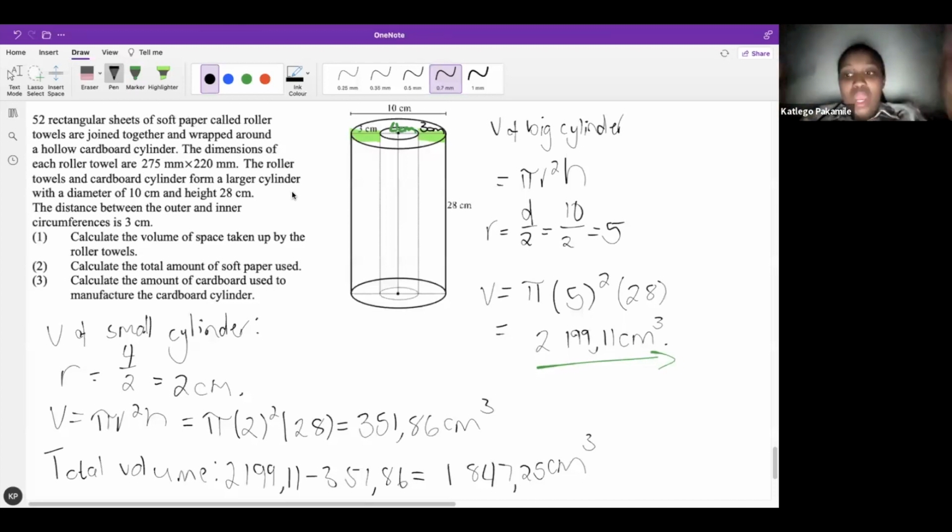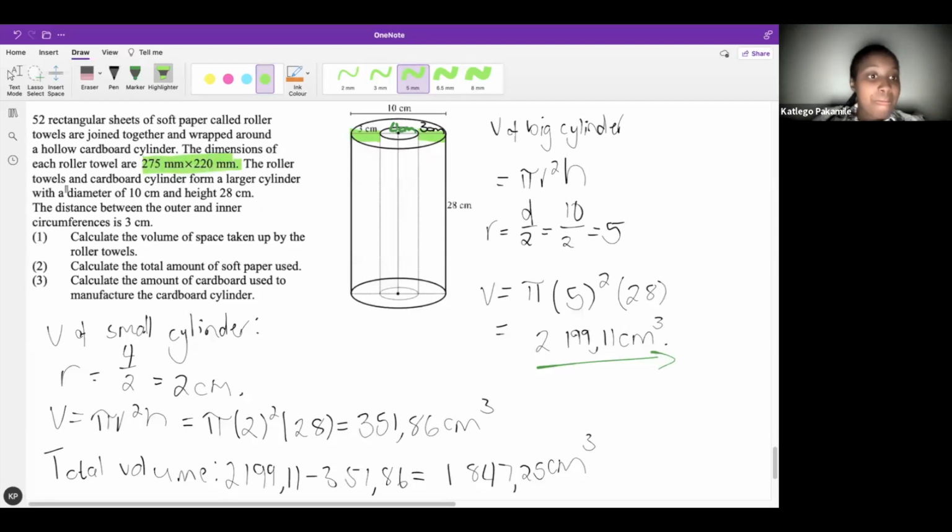Each square on this thing, you highlight it, so that square is this dimension. The roller towels and cardboard cylinder form a large cylinder with a diameter of that, height of that. The distance between the outer and inner circumference, okay.